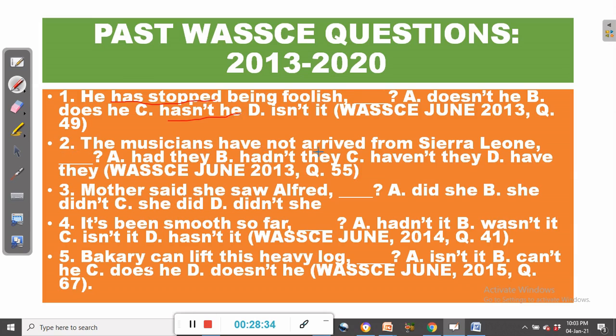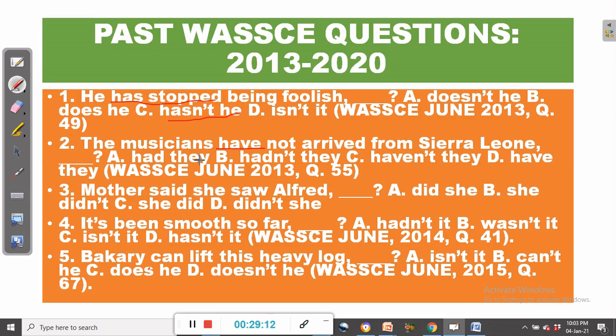Question 2: the musicians have not arrived from Sierra Leone. You see, again, we look at the auxiliary verb have, and we have to use the appropriate form of it. And here it is present participle. All right. So let's look at the options. Had they, we eliminate it because what we have is present, and if we have a present tense of the verb in the main statement clause, then we have to have the same tense in the tag clause.